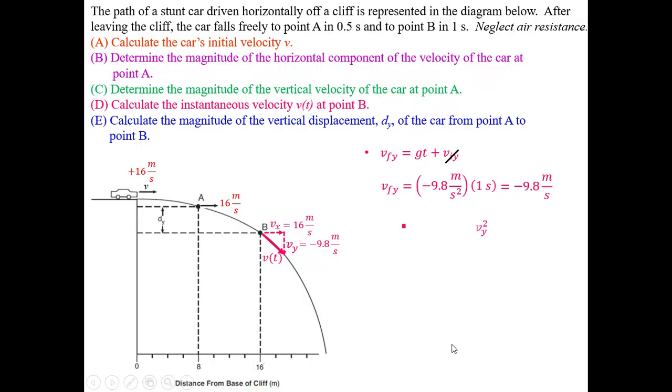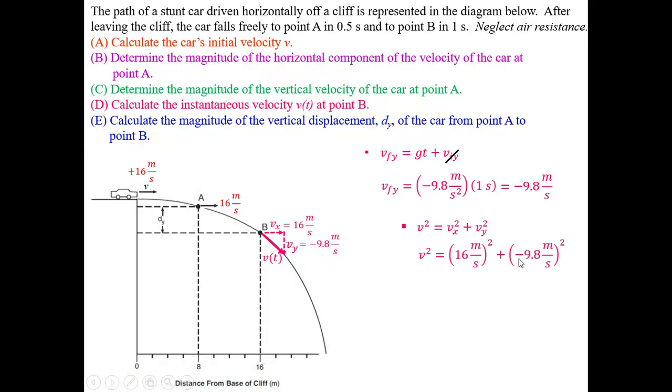Okay. Well, what do we do with that? As I stated earlier, once you have this, you have a right triangle. So to find the hypotenuse, you would just use the Pythagorean theorem. So V is the square root of Vx squared plus Vy squared, because this is your adjacent and this is your opposite. So we plug it in. Vx is just 16 because we already found that in part A. We're going to square that.